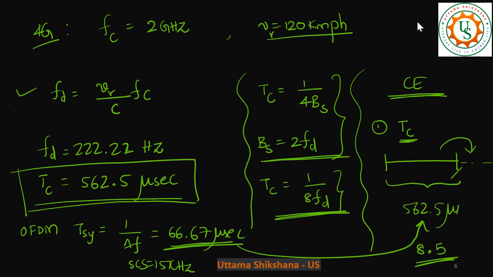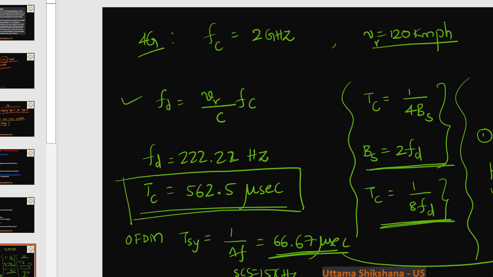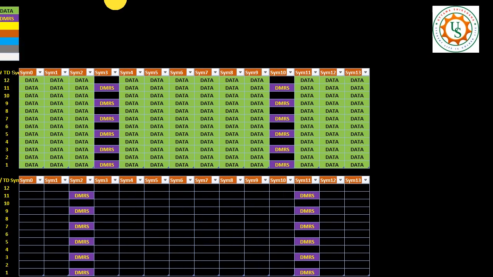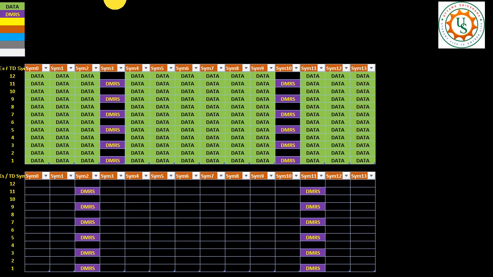Now I will get back to the OFDM grid, and we will take the rest of the things from this particular one. In the case of 4G, one slot duration is equal to 1 millisecond.